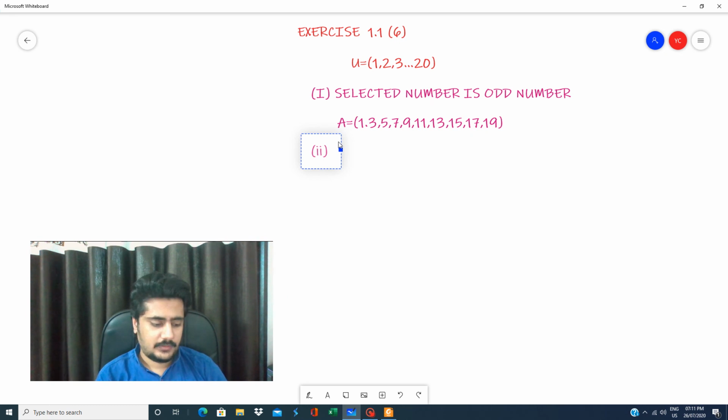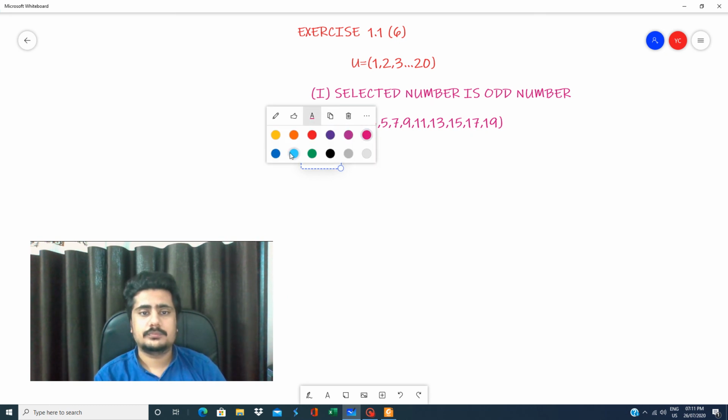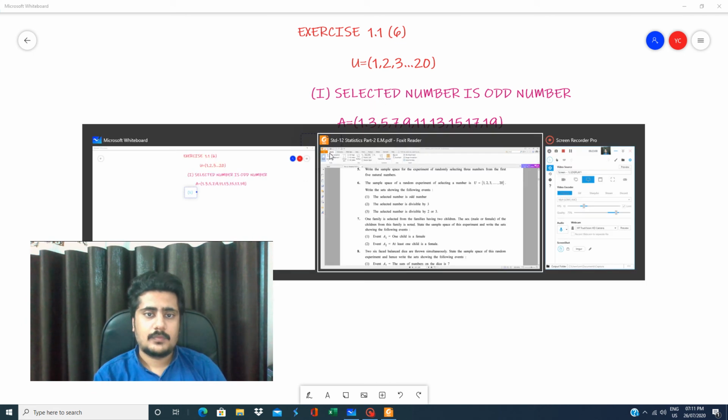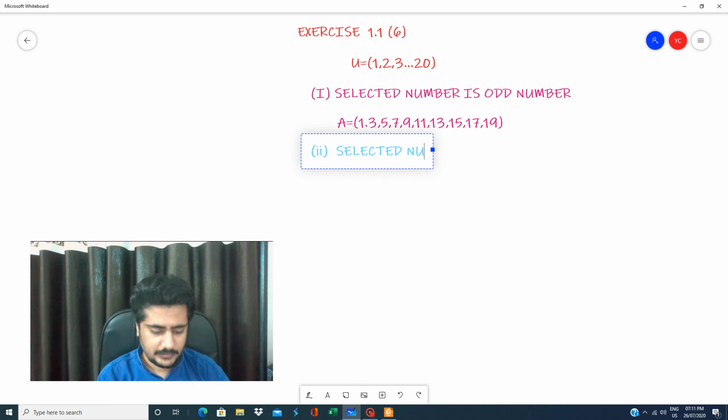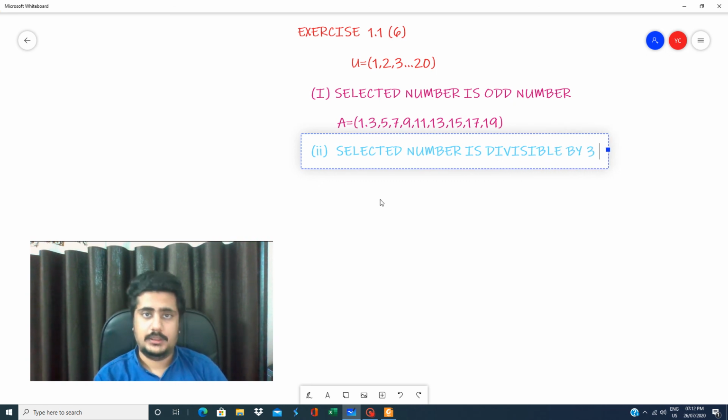Then second one. The selected number is divisible by 3.